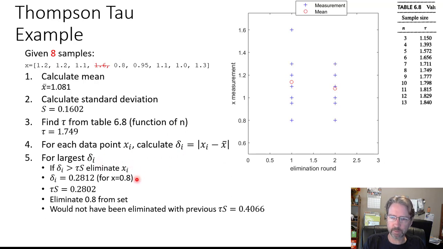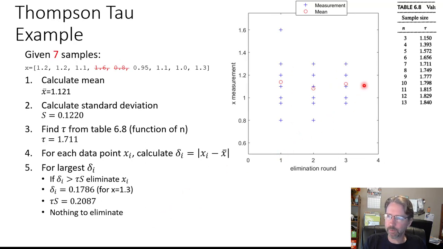So our largest deviation is 0.2812. It's this point down here. Our tau s is 0.2802 for this new s and new tau. So just barely we're eliminating this one. If we looked at the previous tau s, we wouldn't have eliminated it. So you have to calculate each time for the new set of data.